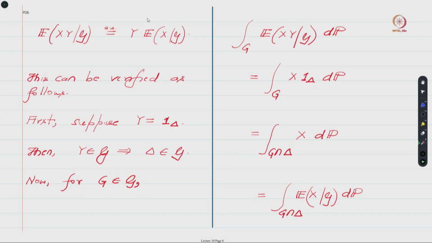Is that okay? Now it remains to verify whether if you take the expectation of this times indicator g, or whether you take the expectation of this times indicator g, they remain the same. Is this okay? So, let us verify that.